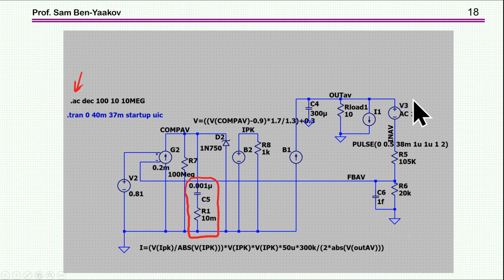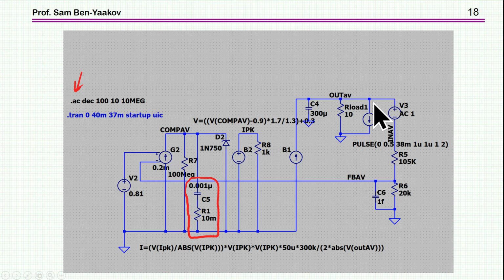To this end, I've put here an AC excitation by which I can get the responses from one point to another, and in particular, which is nice, I can get the loop gain in closed loop, because if I look at this signal, I can see that it's going all the way and then it's coming back here.